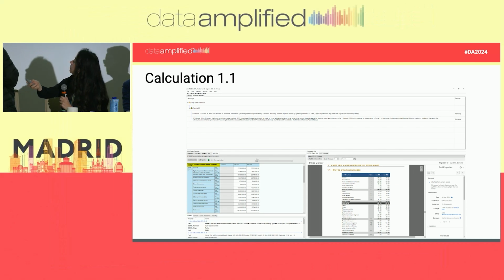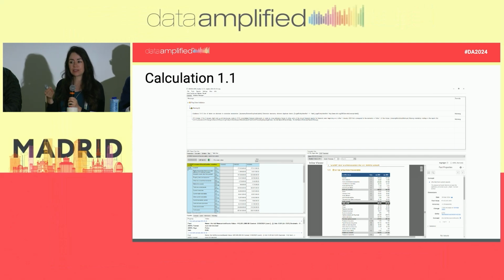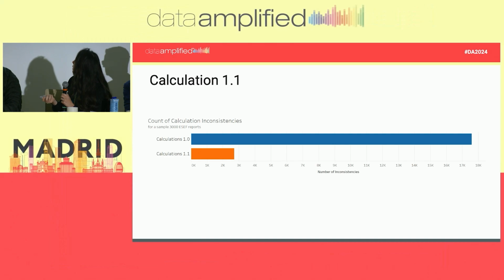But if you take the same report and just put calculation 1.1, then all this noise, all these errors are gone. And if we have here a real error, we will see it, right? This is just kind of magic that we can just do switching the calculation specification.